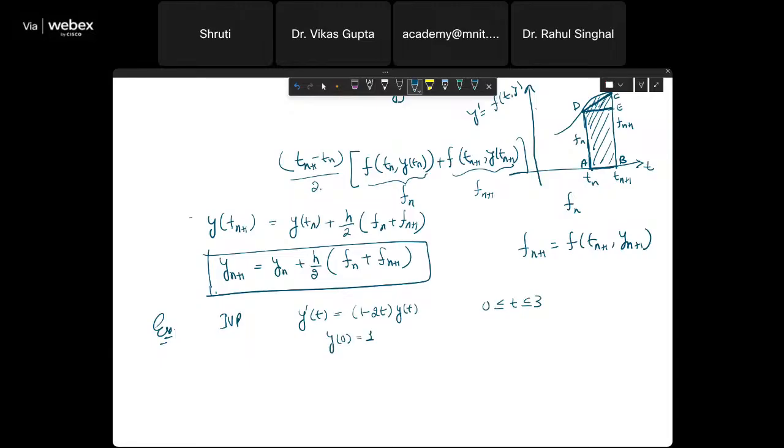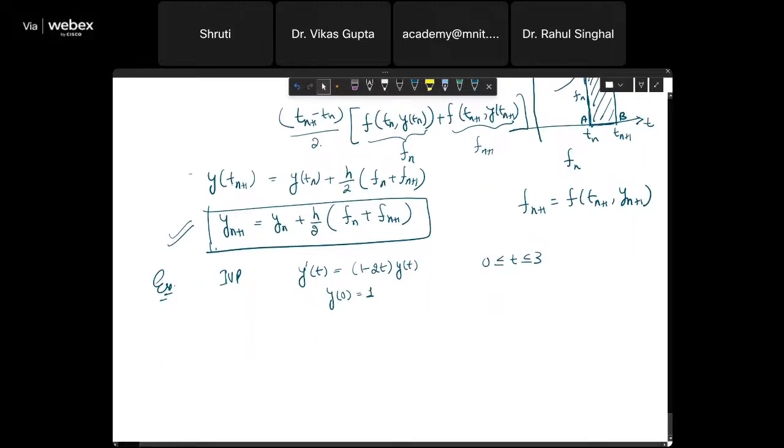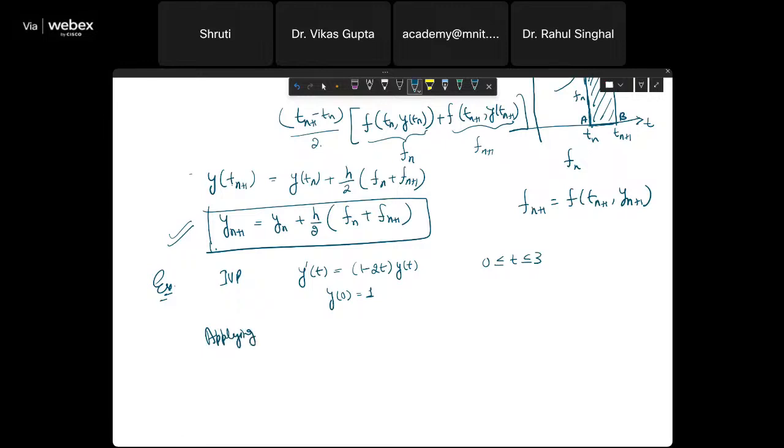Okay, so applying the trapezoidal method, what we get is the following. Substituting your function f as 1 - 2t y, as given function, finally we get that y_{n+1} we can compute as (1 + h/2 (1 - 2t_n)) divided by (1 - h/2 (1 - 2t_{n+1})), and this is whole multiplied with y_n.